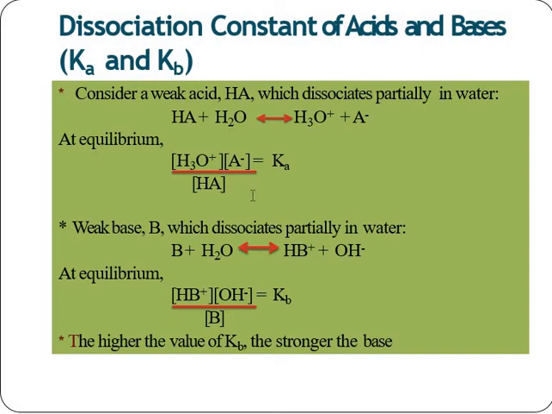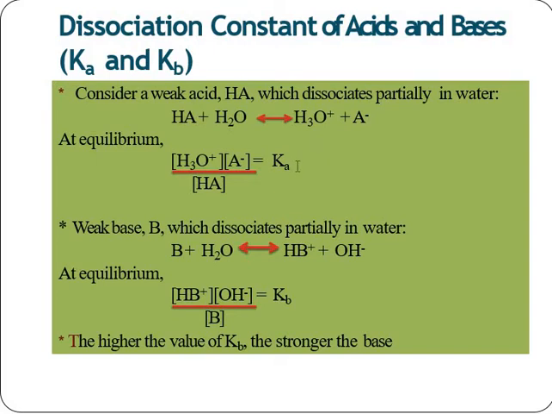In the above reaction, the forward reaction indicates HA and H2O on the reactant side and H3O plus and A minus on the product side. So how can you write the dissociation constant of the above reaction?